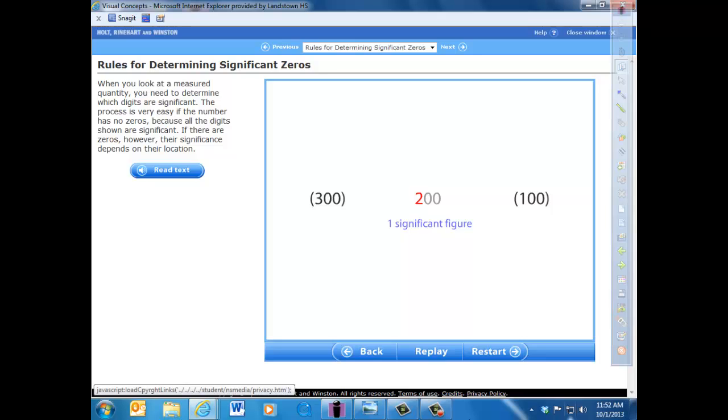So, Ms. Davis says she doesn't get that. If we write this number as 200 with no decimal place, it says we are estimating between 100 and 300, okay? That's a 200-digit span that we're estimating. But if we put a decimal place, you know that those two digits are not significant, only the hundreds.